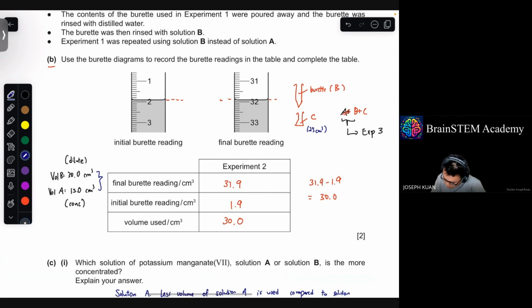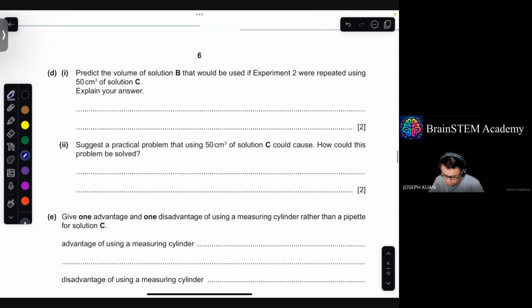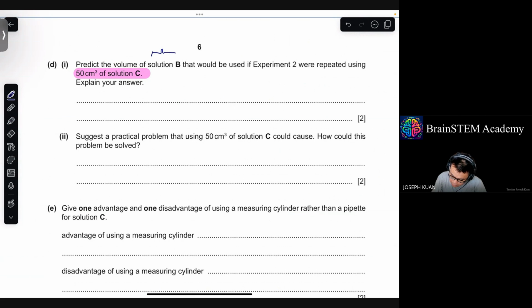The issue that may appear in this reaction is that in order to titrate 25 cm³ of C, you need 30 cm³ of B. So if you're using double the amount of C, which is 50, it means that solution B will be doubled.